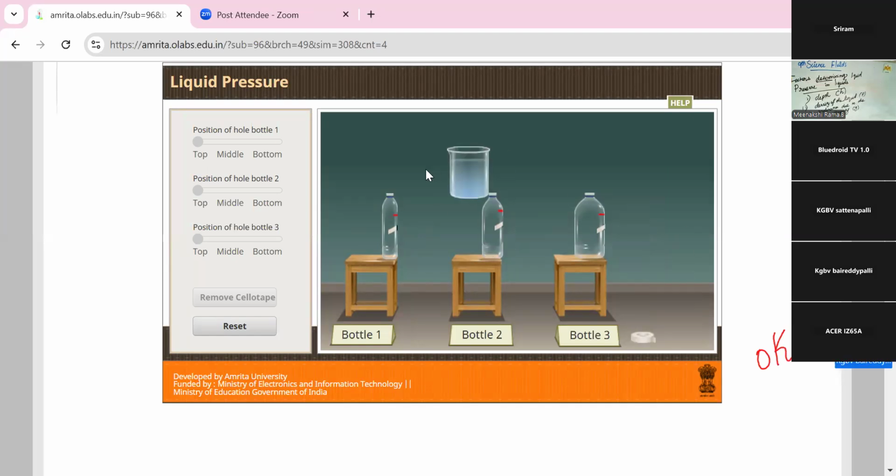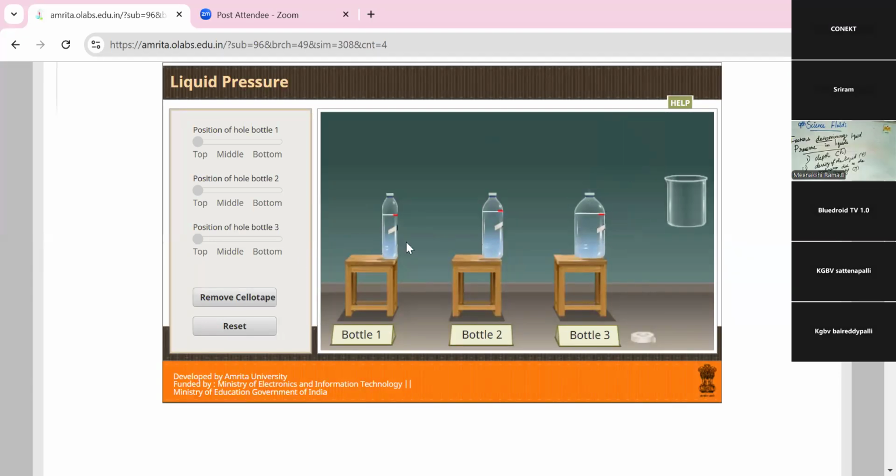Then I fill water in all the bottles. The first bottle is done, the second bottle is also done, and the third bottle I fill with water. Yes, the water is filled in all the bottles.